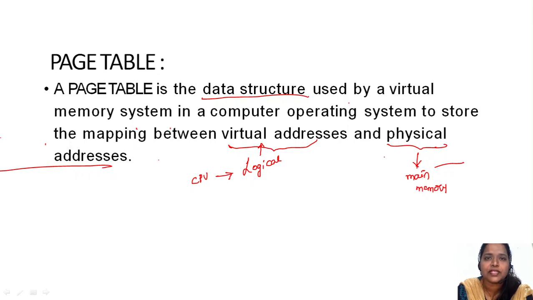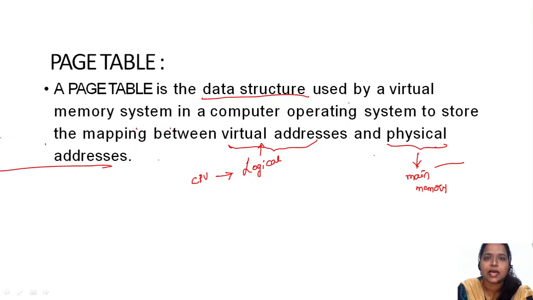So the page table is going to map the virtual addresses to the physical addresses. If that mapping is not there, we can't convert that logical address into a physical address. We can't find a particular page in main memory. So in order to find a particular page in main memory, we need a page table, which is a data structure that maps the logical addresses to the physical addresses.